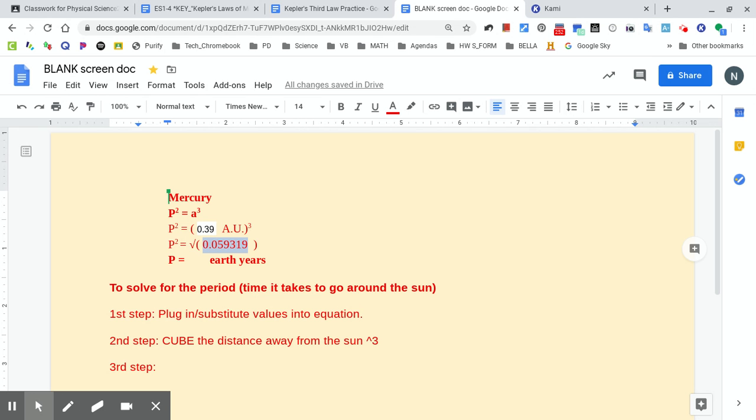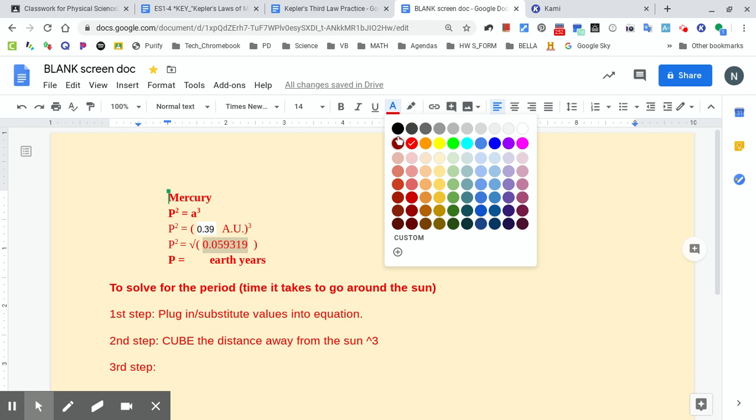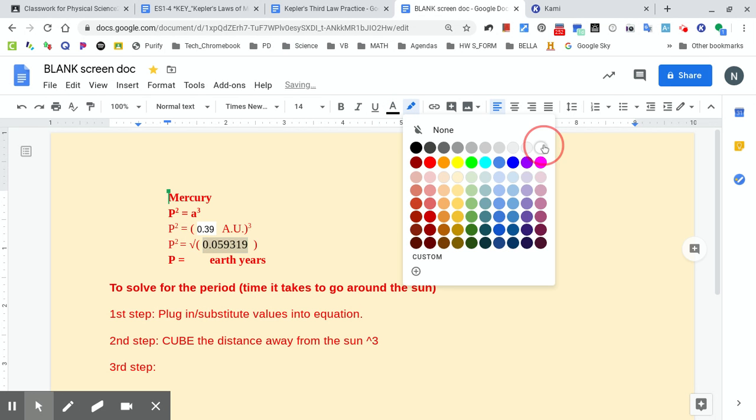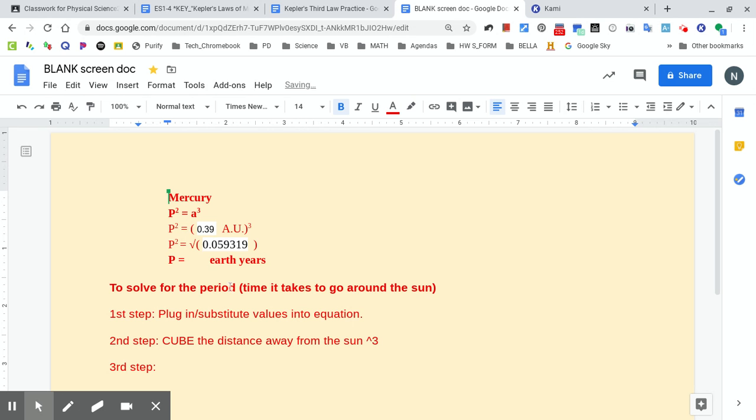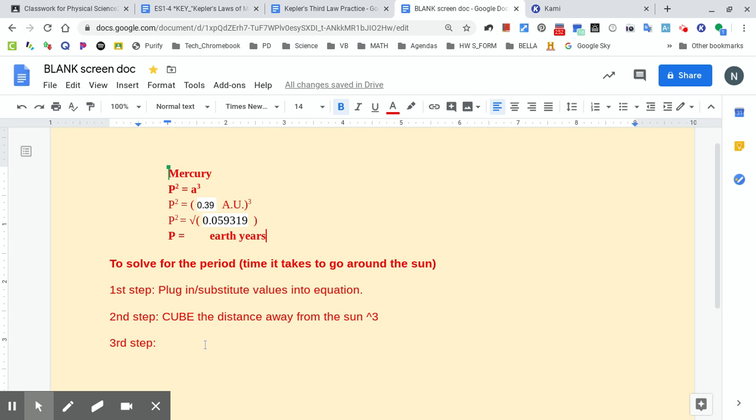I'll change that color so you know that's something I plugged in. That's the one I plugged in when I did 0.39 cubed. Then you put that number into the next step for P squared.